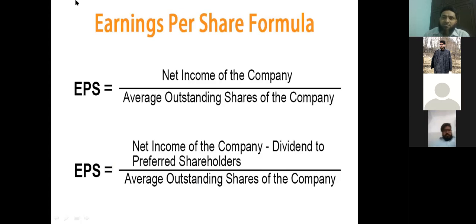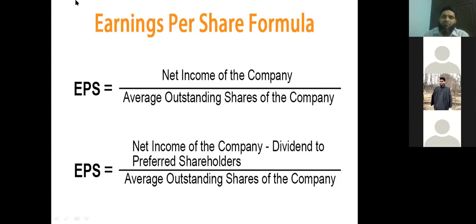A certain amount is transferred to contingency reserve or general fund or some other funds, a certain amount is transferred to the balance sheet for reinvestment, and a certain amount is paid in the form of dividend. So total earning divided by the number of shares gives you earning per share. I'm discussing EPS, earning per share.